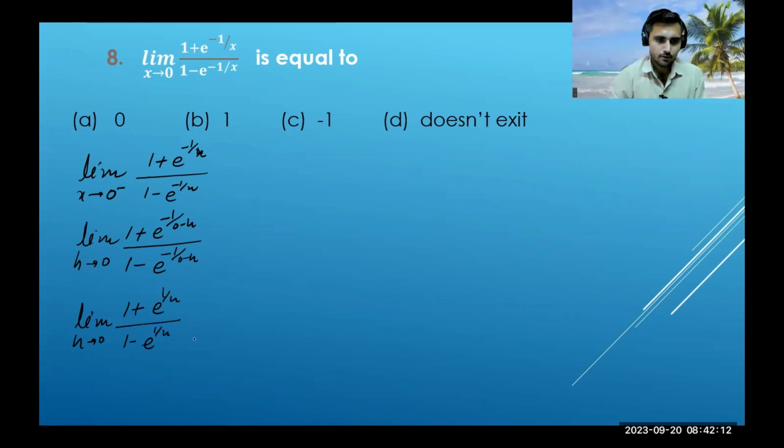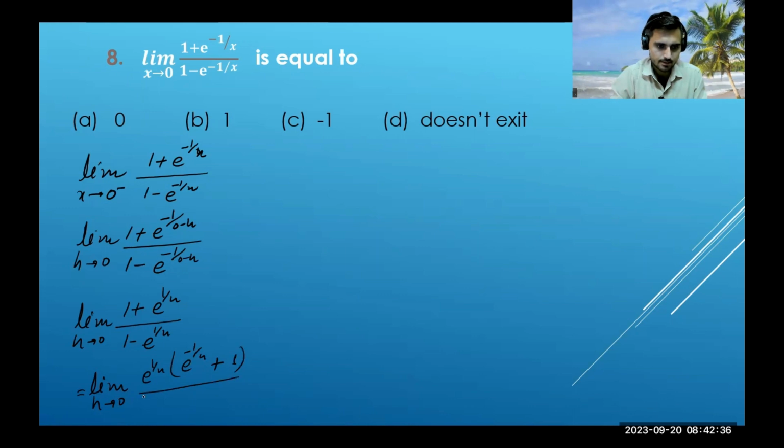So what we'll do here, we'll take e raised to the power 1 upon h common. So first limit h tends to 0, and we'll take e raised to the power 1 upon h common. So what we'll get here is minus e raised to the power 1 upon h in the denominator, and here plus, e raised to the power minus 1 upon h, and then minus 1.